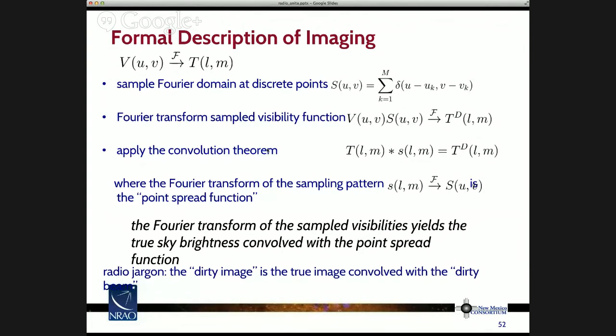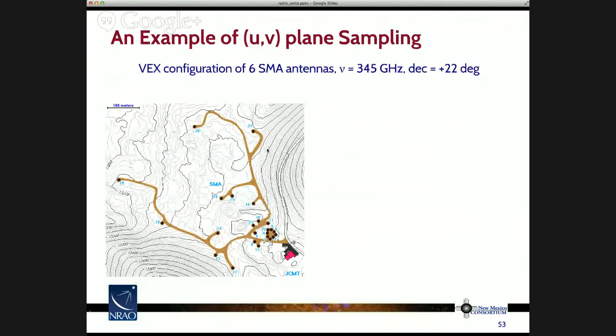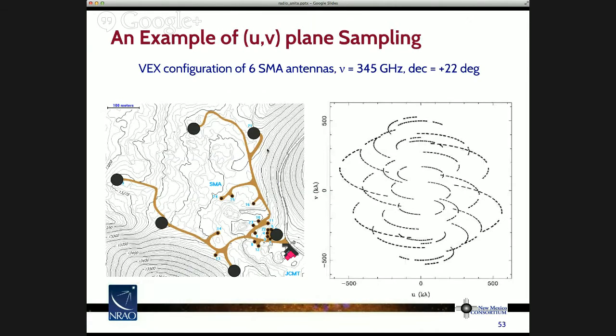First, the sampling function. This is a repeat of the sampling function that I showed you in the first lecture. So this is from the Submillimeter Array on Mauna Kea. If you imagine putting 6 of the antennas at these locations, observing at a frequency of 345 gigahertz, source at a declination of plus 22 degrees, then the samples in the UV plane turn out to be this.